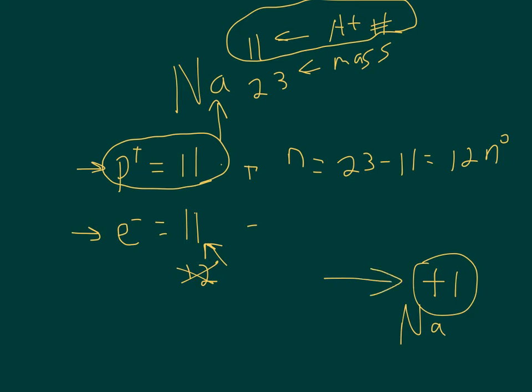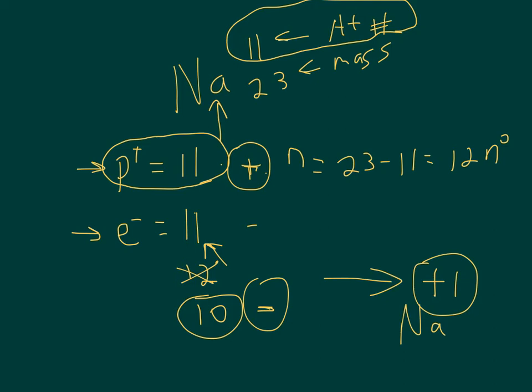So instead of adding an electron, the other option is we could take away an electron. Instead of having 11 electrons, what if sodium only had 10? Now you've got 10 negative charges. You still have the original 11 positive, and I hope you can see that if you have 11 positive with 10 negative, that gives you a net +1 charge.